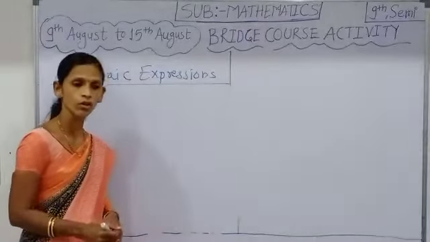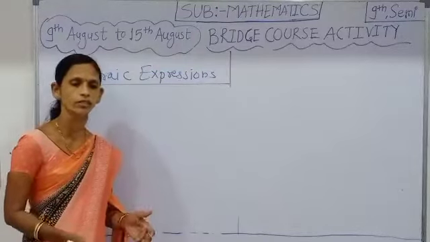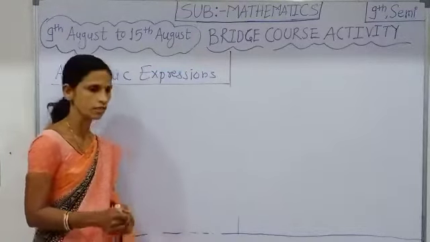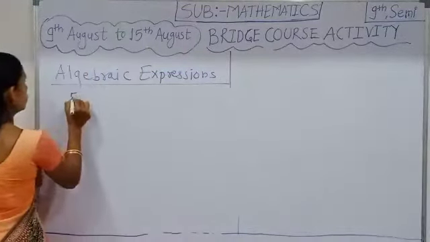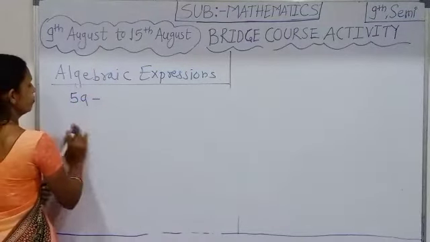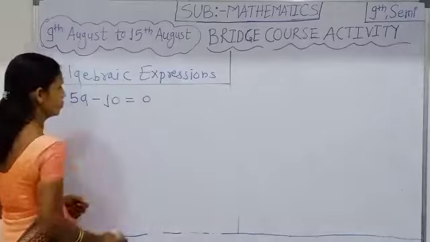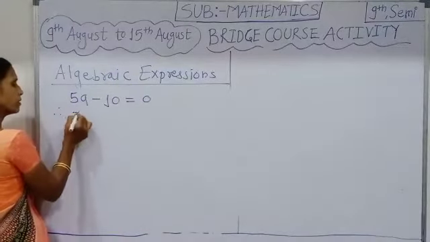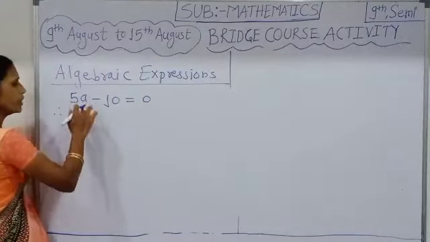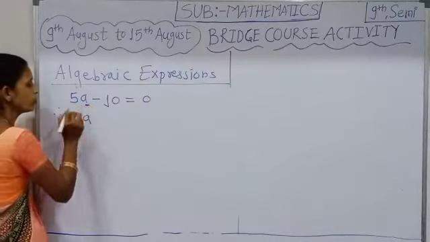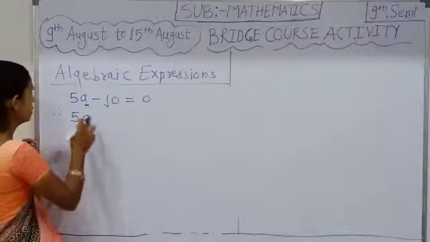Similarly, we can solve a few more equations given here. For example, 5a minus 10 is equal to 0. To solve this equation means to find out the value of a, that is the variable.